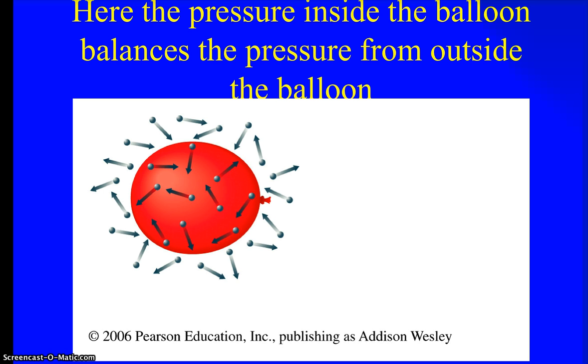Those gas molecules are moving around, and as they hit the edges of the balloon, they keep the balloon up. At the same time, think about the fact that there are air molecules outside of the balloon that are also hitting the edges of it. When the balloon is staying static and constant, it's because the pressure of the interior molecules is exactly equal to the pressure of the molecules outside of the balloon.